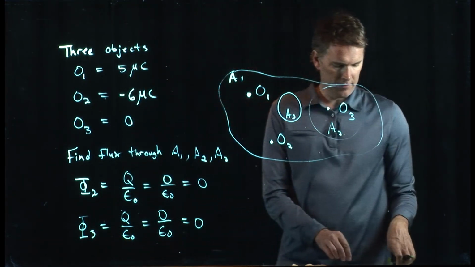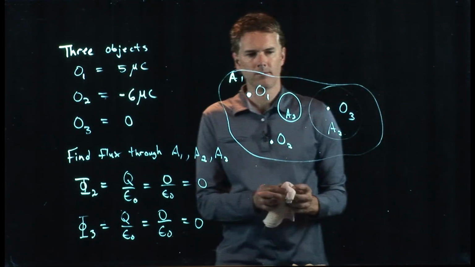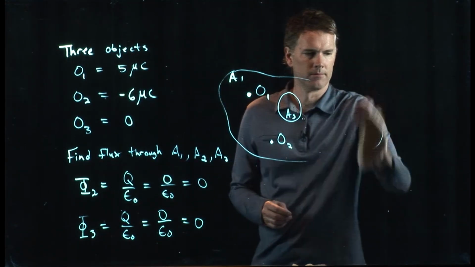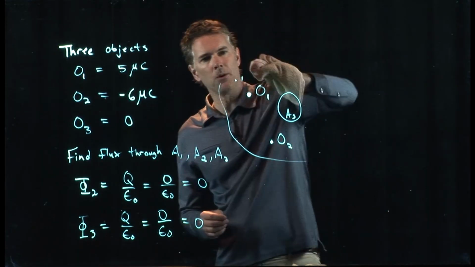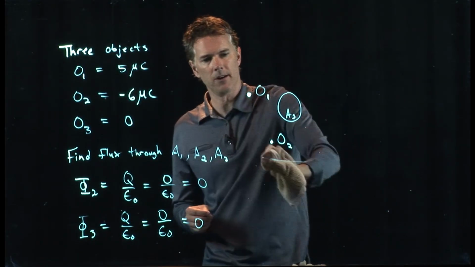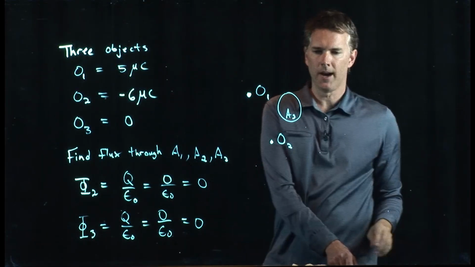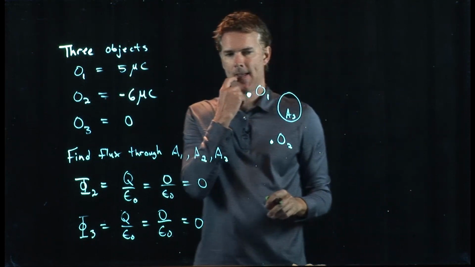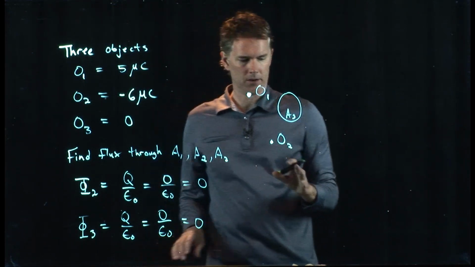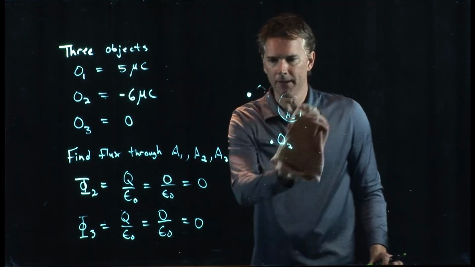Let's talk about that for a second. And let's ignore some of these other areas. Let's just worry about A3. A3 is sitting right there. Let's draw it a little bit bigger.